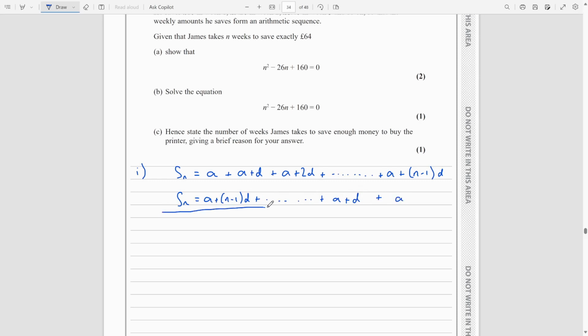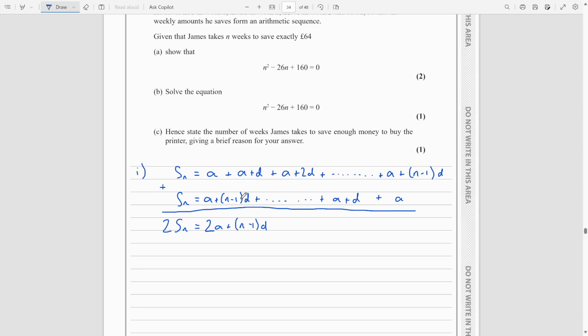It's useful because if you add these two expressions together, and they're the same thing, you get 2Sn here. And what do you get if you pair these up? Well, a plus a plus (n minus 1)d is 2a plus (n minus 1)d. And if you keep working down here, you're going to find every single pair adds to the same thing. a plus d plus the penultimate term, which would have gone here, is also 2a plus (n minus 1)d.